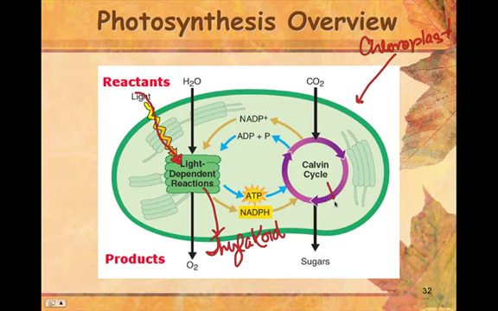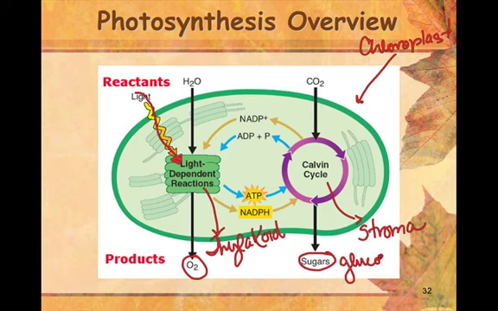And then you have your independent over here, and the independent reactions take place in the stroma. So out of the light dependent, you're going to get oxygen, and out of the light independent, you're going to end up with sugar, or in other words, glucose.